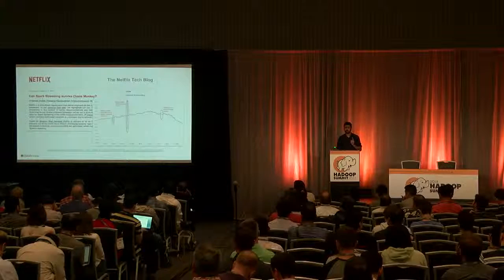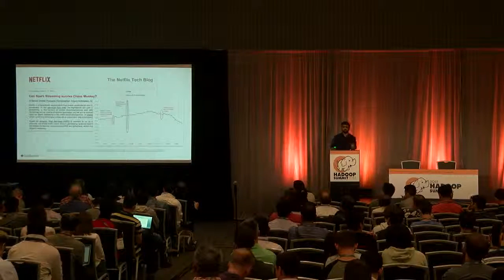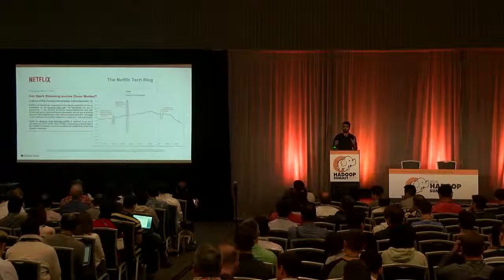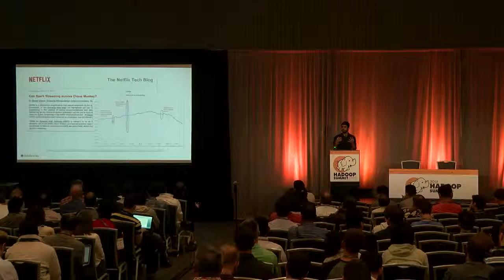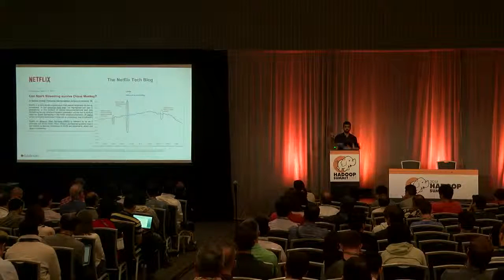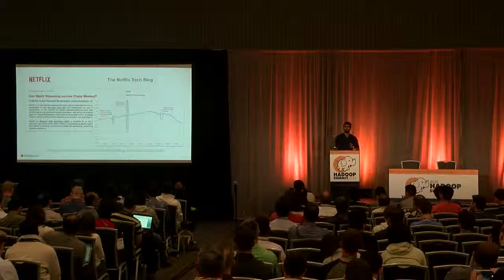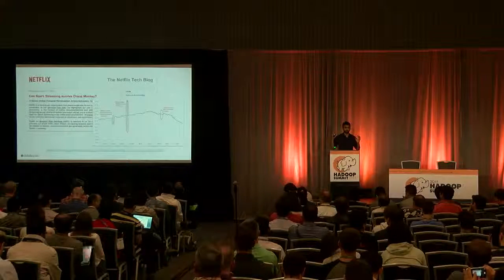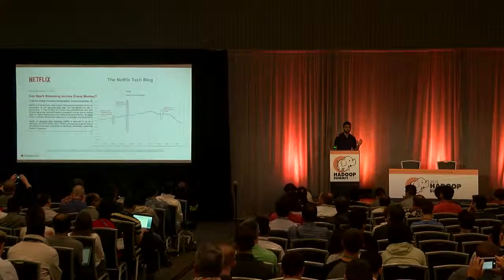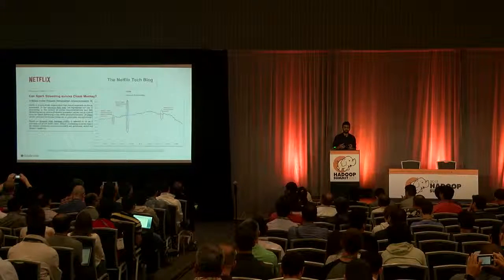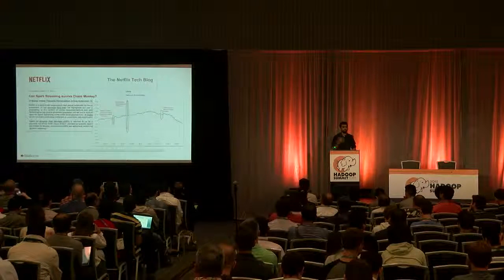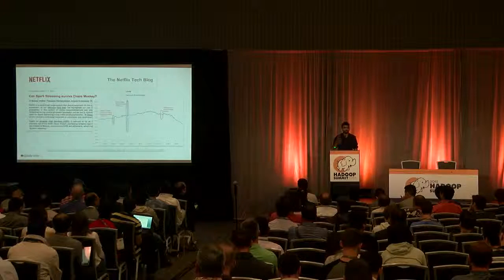A cool thing that you can read about is that Netflix did this crazy experiment with a tool they have called Chaos Monkey, which randomly kills nodes in a production cluster to see whether the cluster application is actually fault tolerant or not. They actually tested Spark Streaming with Chaos Monkey, and they found a lot of interesting details.